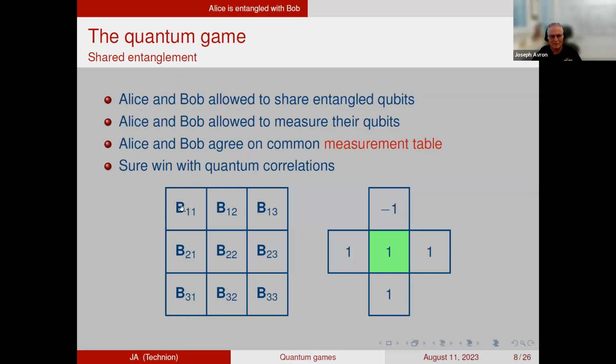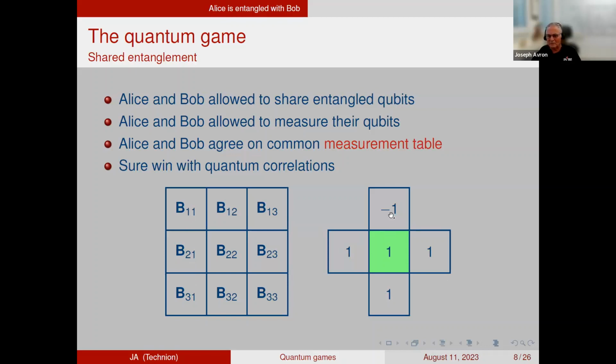So the result of a measurement will always be either +1 or -1. And therefore, since she will measure these 3 observables, B11, B12, B13, Alice will fill her row with 1 and -1 randomly according to whatever measurement result she gets. And similarly, Bob will fill his column.